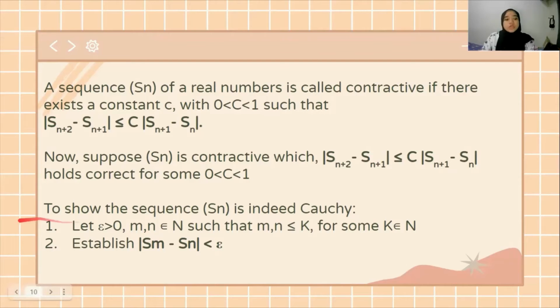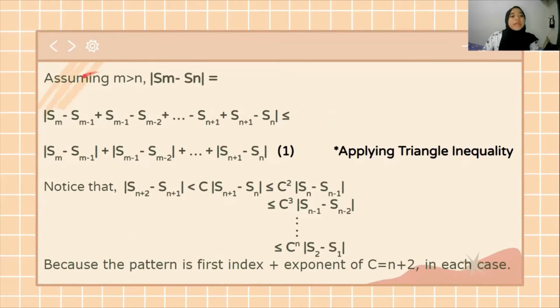Okay, so next, by assuming m is more than n, we will start the equation with modulus Sm minus Sn equal to modulus Sm minus Sm minus 1 plus Sm minus 1 minus Sm minus 2. The equation continues to subtract until we get Sn plus 1 minus Sn, modulus, less than or equal to.